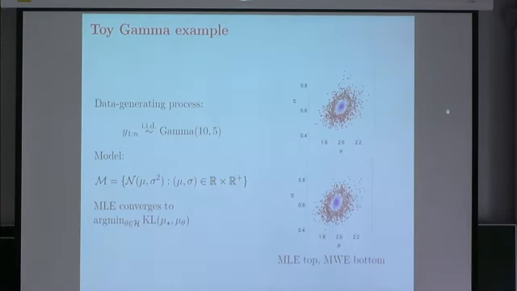And just to show the comparison with regular MLE, if I take again my gamma example with my normal assumed model, this is the concentration of the MLE estimator compared with the one for the minimum Wasserstein distance estimator. They are fairly comparable because they both relate to the Kullback-Leibler distance.